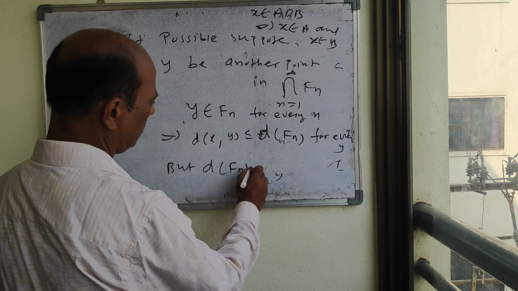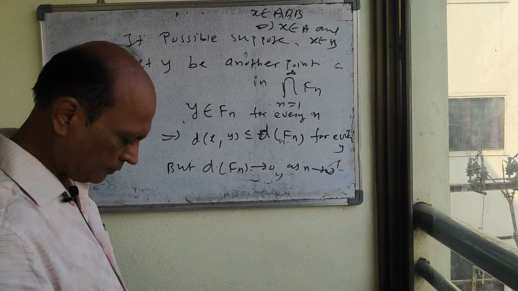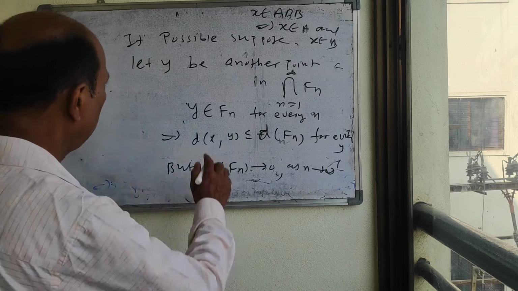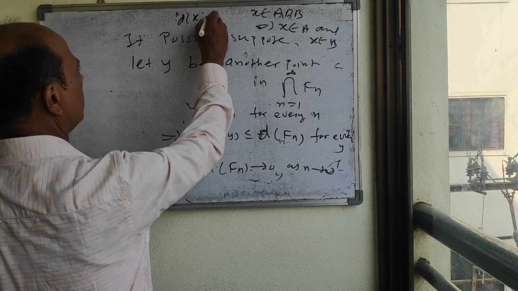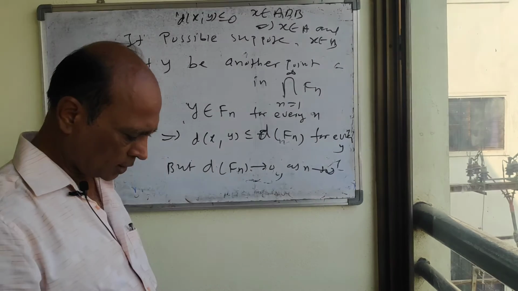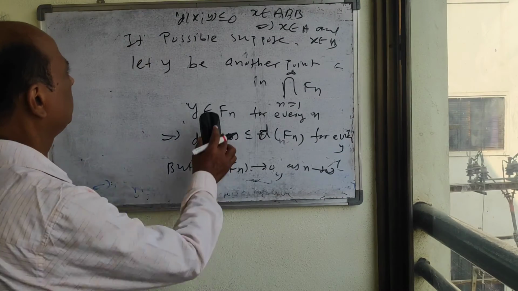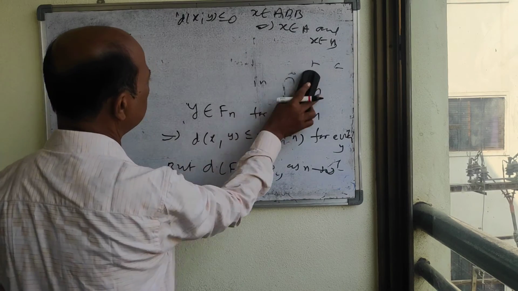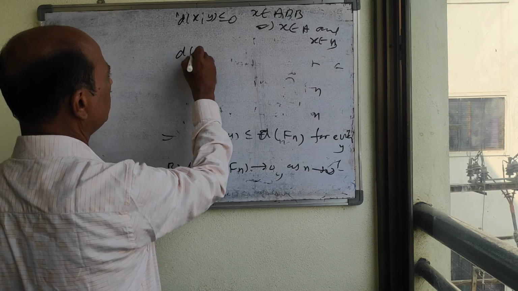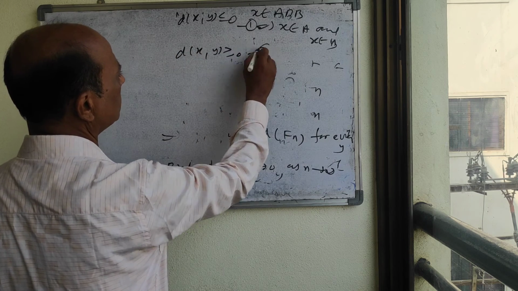But what is given here? This d of Fn tends to 0 as n tends to infinity, and therefore taking the limit here, d of x, y is less than or equal to 0. But we are studying metric space, and one important property of metric space is that d of x, y must be greater than or equal to 0. This is one argument, this is the second argument.